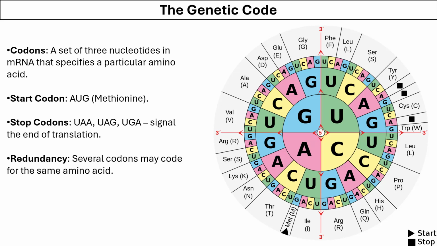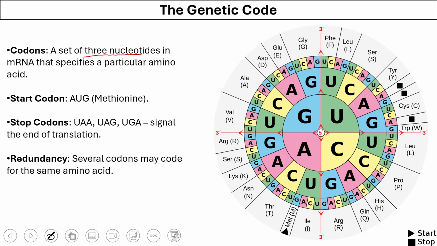Now we have talked about how you read the mRNA information. The mRNA information is the genetic code which is written in the form of codons. So codons are sets of 3 nucleotides. These 3 nucleotides encode a specific amino acid. But how do you read this code?